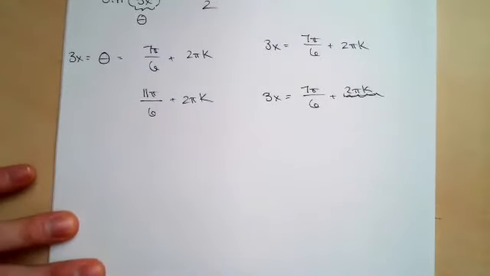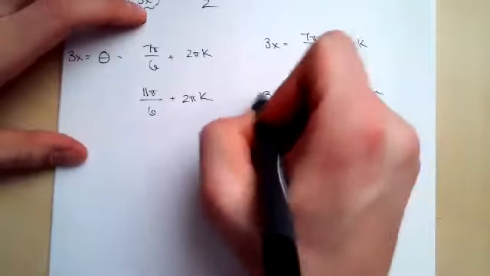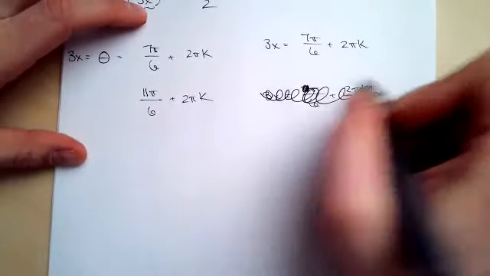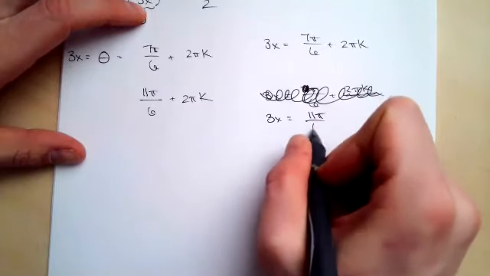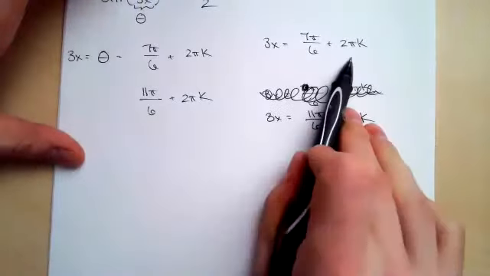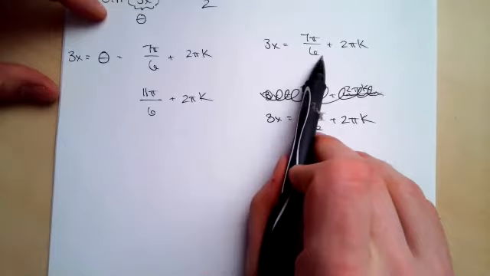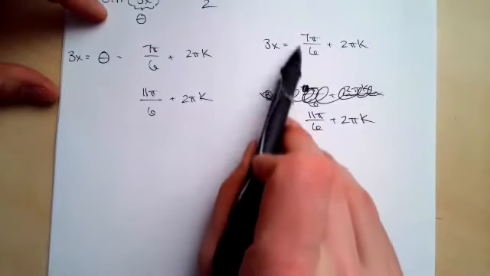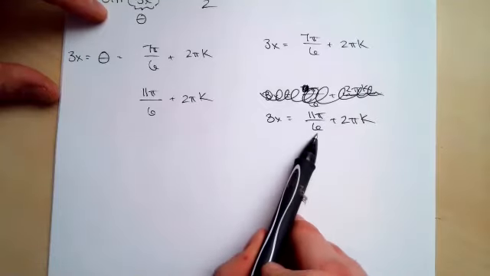Getting ahead of myself. And I didn't write this letter. Rewrite that one. So 3x equals 11 pi over 6 plus 2 pi k. So we would take these 2 equations now and solve for x. Meaning we would divide by 3. And that's going to affect the constants as you would expect, 7 pi over 18, 11 pi over 18.